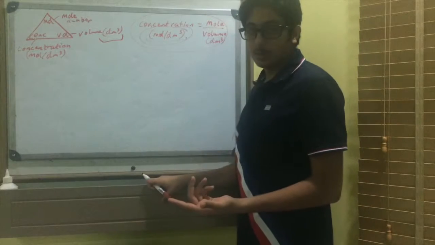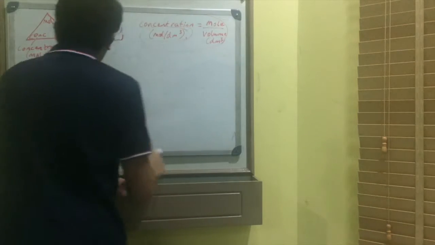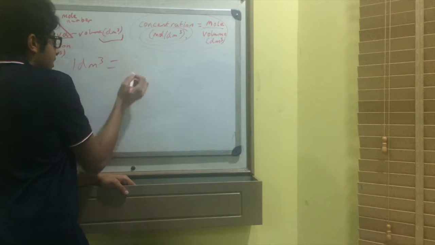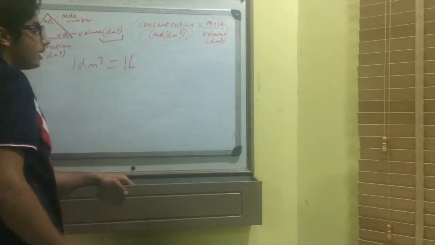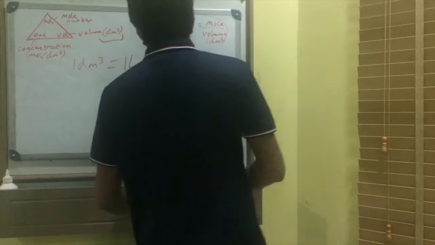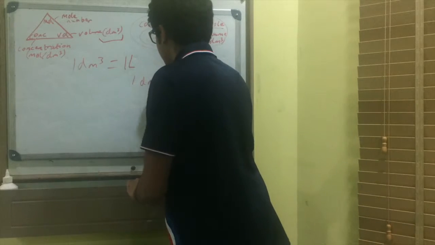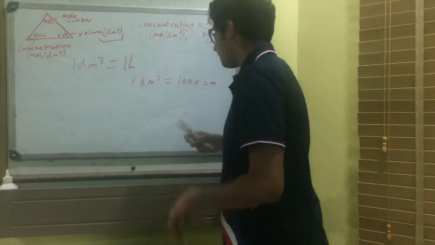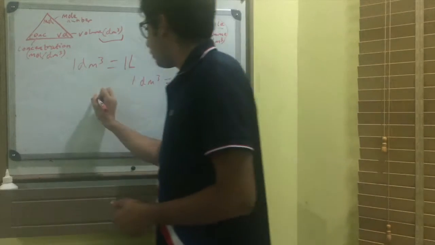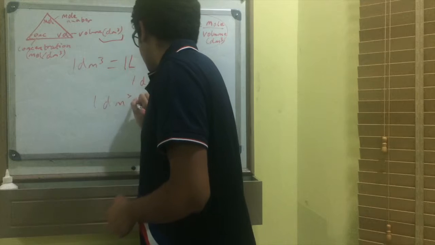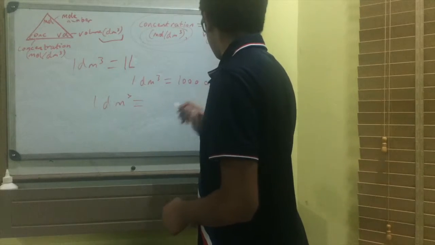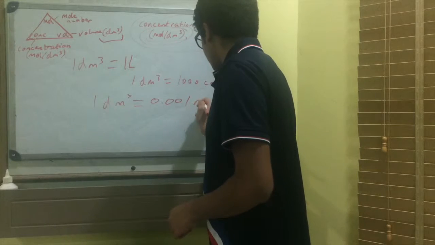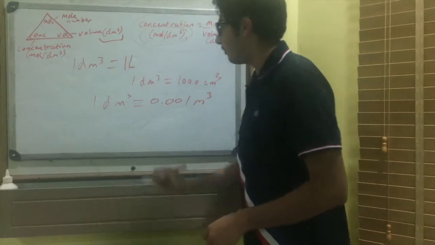What is a decimeter? What is decimeter cubed? Well, 1 decimeter cubed is equal to 1 liter. And 1 decimeter cubed is equal to 1,000 centimeters cubed, and 1 decimeter cubed is equal to 0.001 meters cubed.